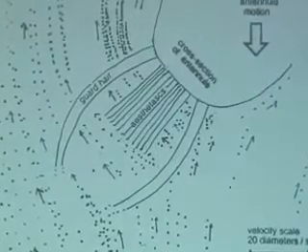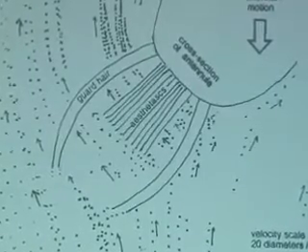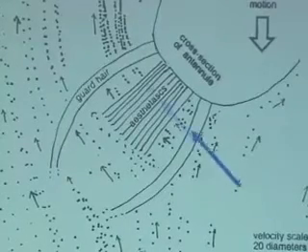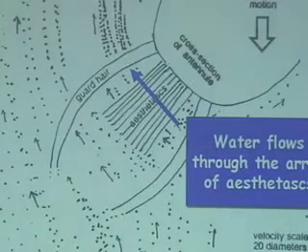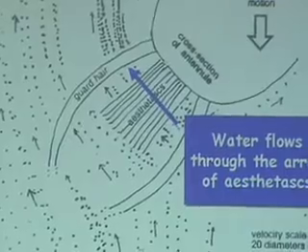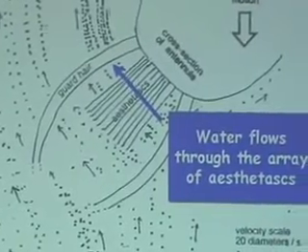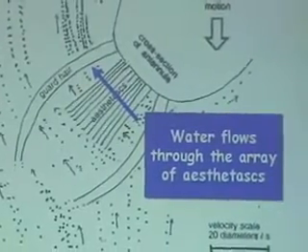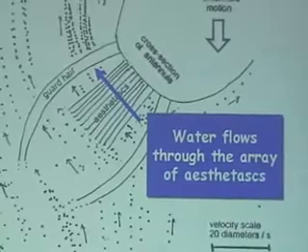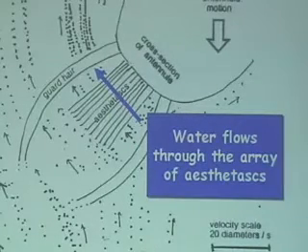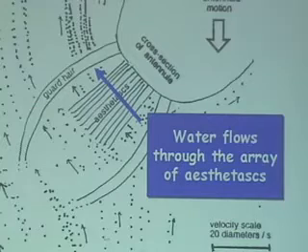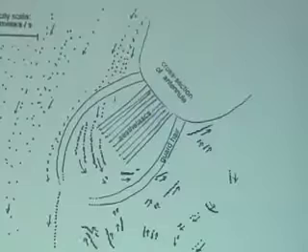So these dotted lines show you where the particles are moving, and the further apart they are, the faster they're going. And what you can see is that fluid moves in the one side of the aesthetasc array and out the other side. There is indeed water motion through the array of aesthetascs during the rapid flick downwards. So they are leaky and odor-bearing water can get in.